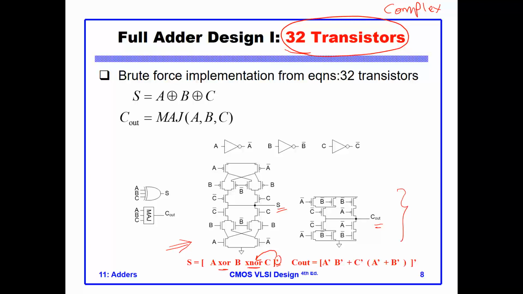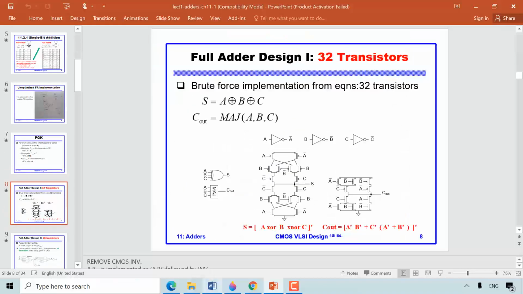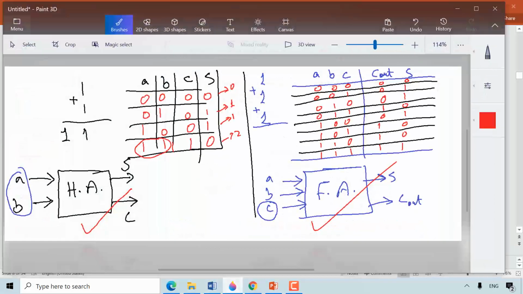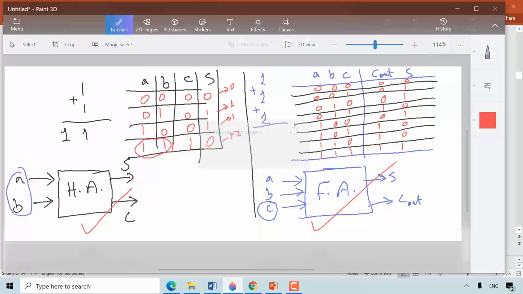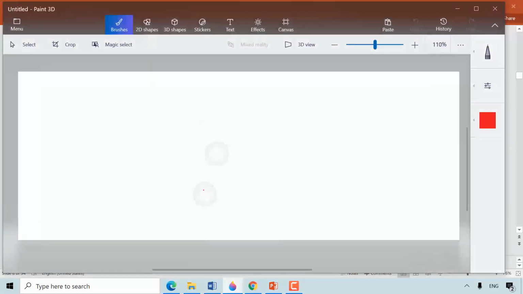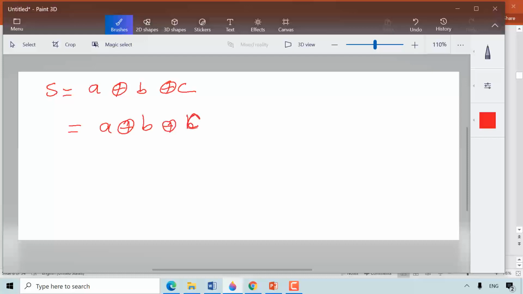We can probably take this to the whiteboard for a second. So basically, what they are saying is sum equals A XOR B XOR C. When we do this, we add double inversions, here is 1 and 2. We didn't do anything, this is bad.